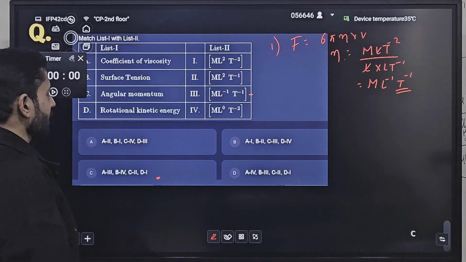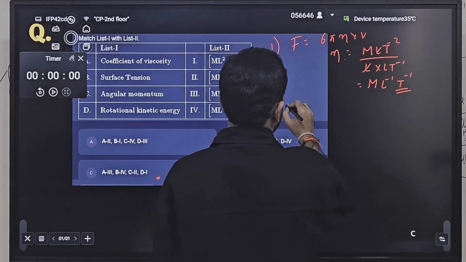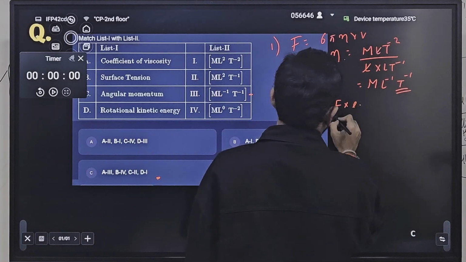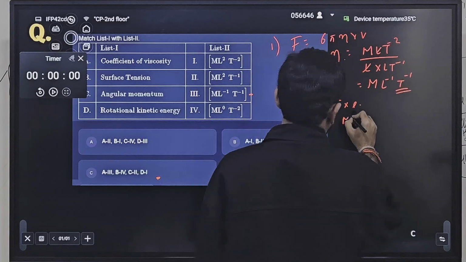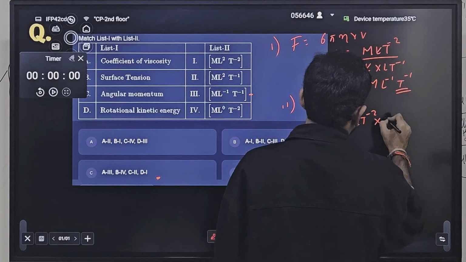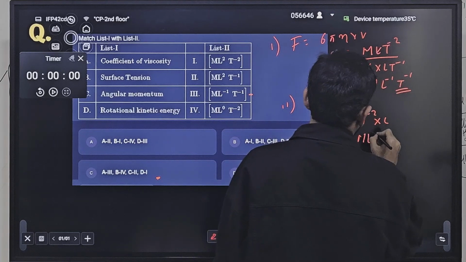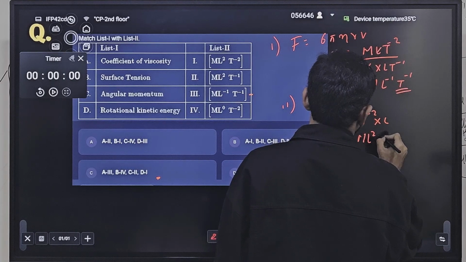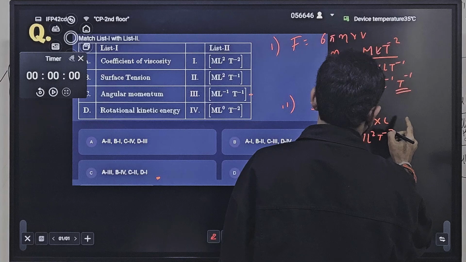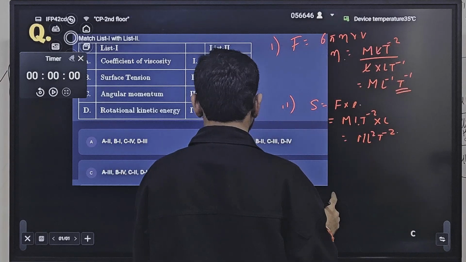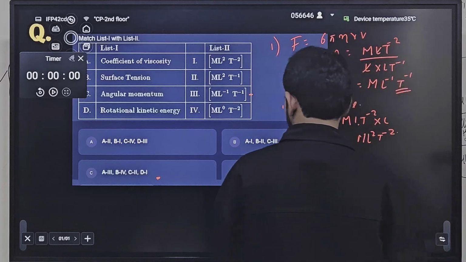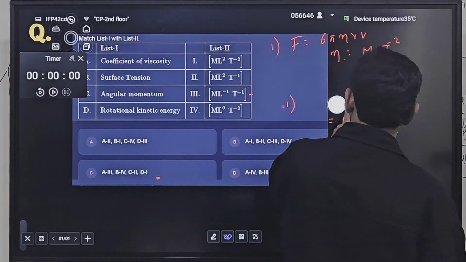But still, let's analyze surface tension. How do you write surface tension? Oh, sorry, I've written it wrong.